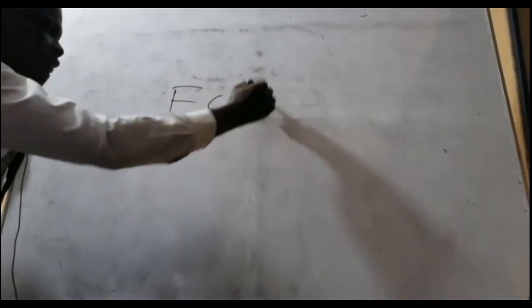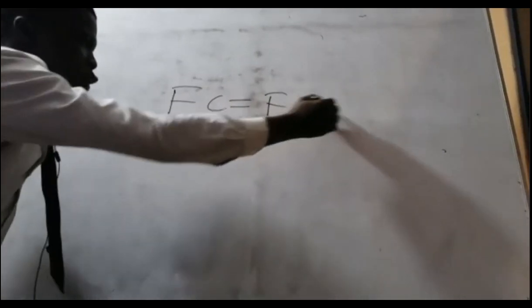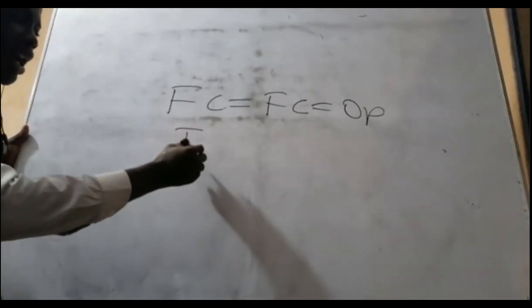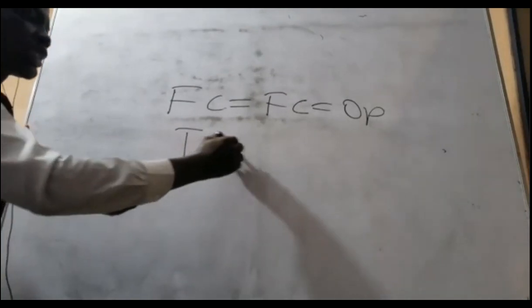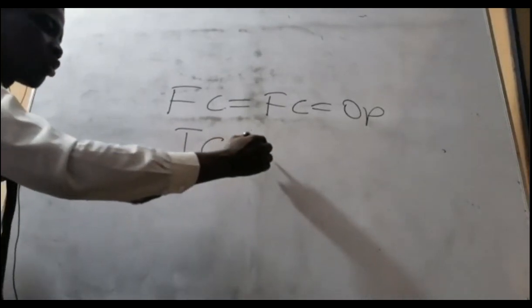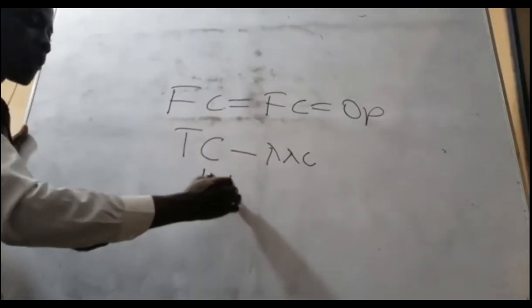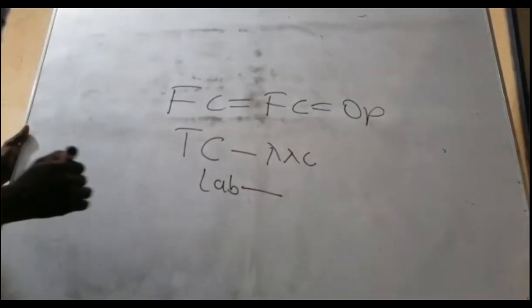And this cost is nothing but the total cost except material. So you can also say total cost less material cost, or all costs except material, or the labor cost plus the other fixed cost. That is it. Great.